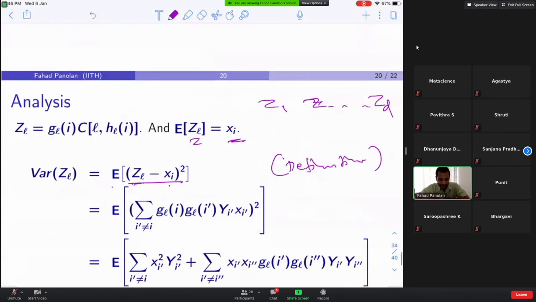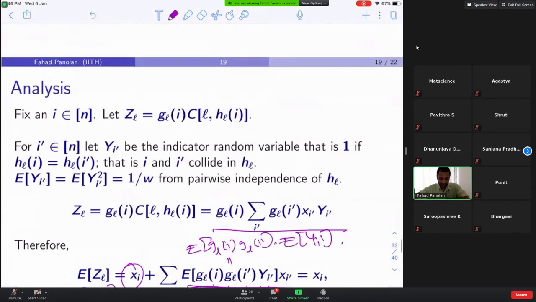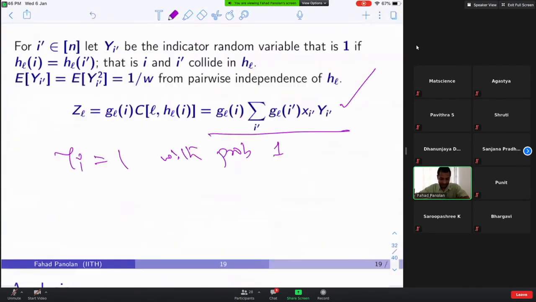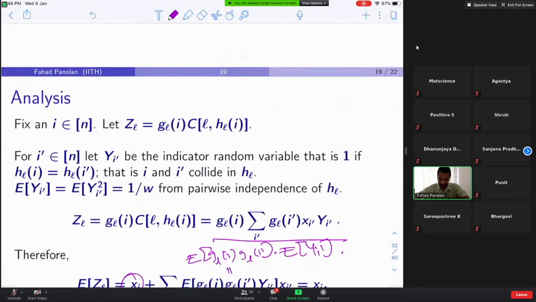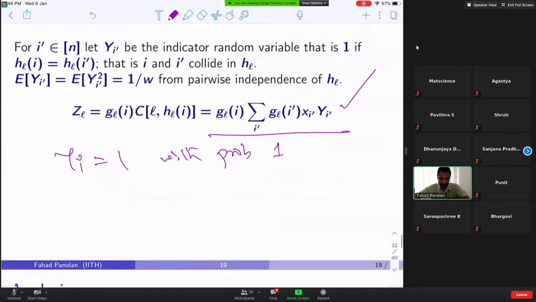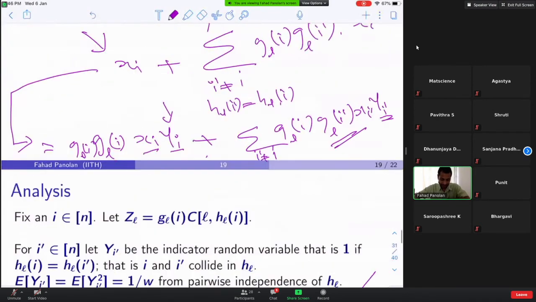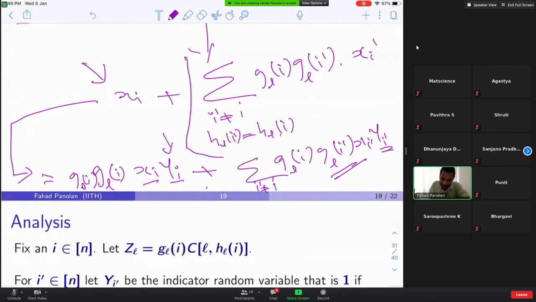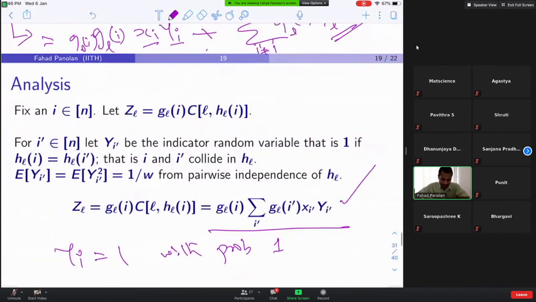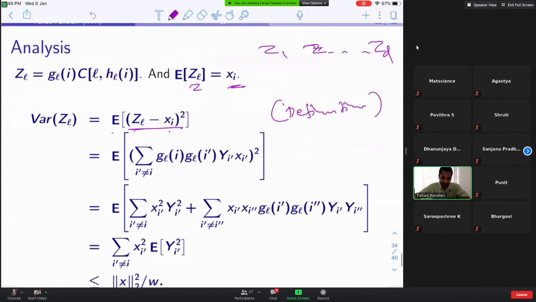Now what is ZL minus Xi? Come back here. ZL is equal to Xi plus this quantity. So ZL minus Xi is this quantity. That is what is written here.